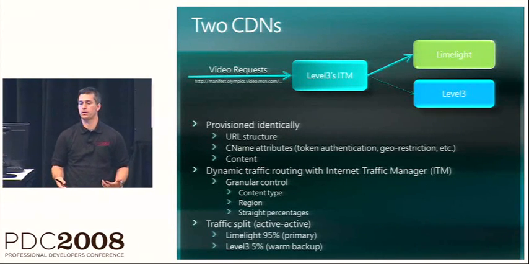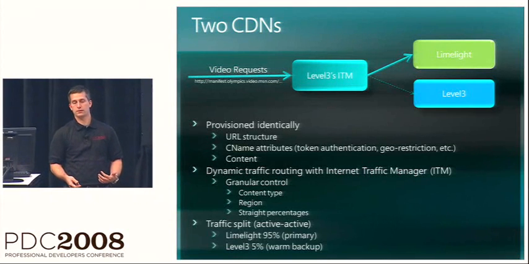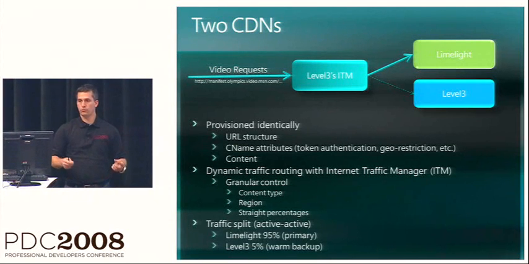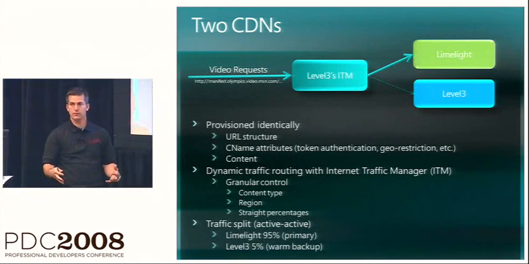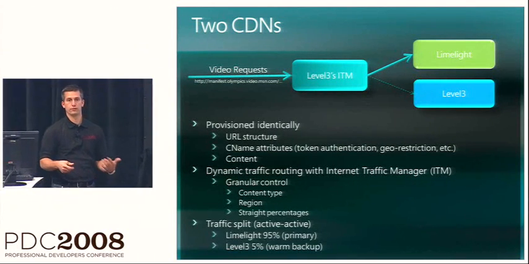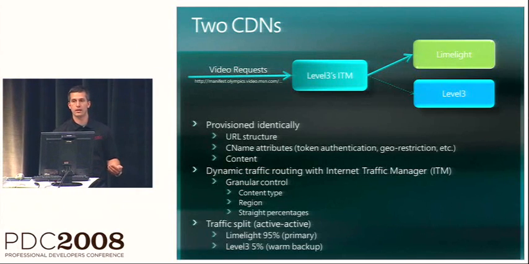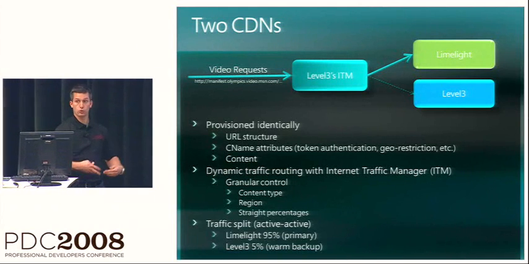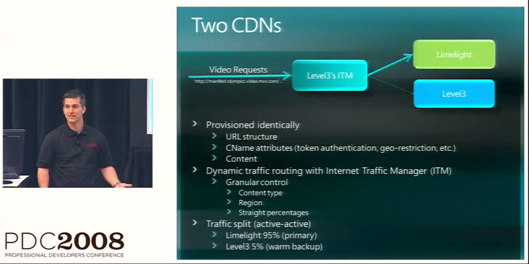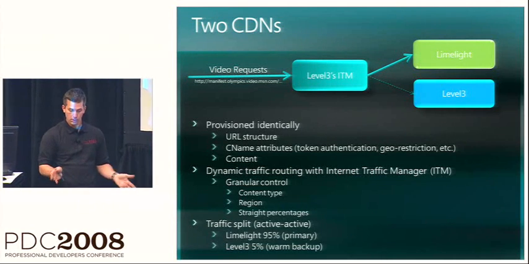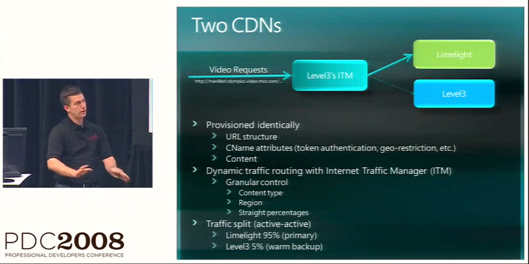They just weren't serving as much traffic. The reason why we did this was, given that we started with no content and we had to build up caches and build up this whole content base over time, there was no easy way to build out a cold start model with Level 3. So from day one, we started serving traffic to both.